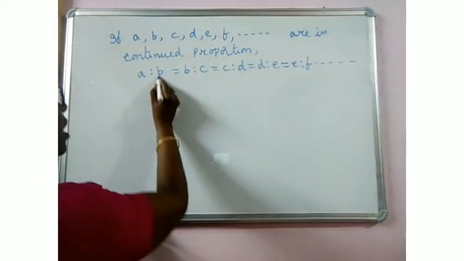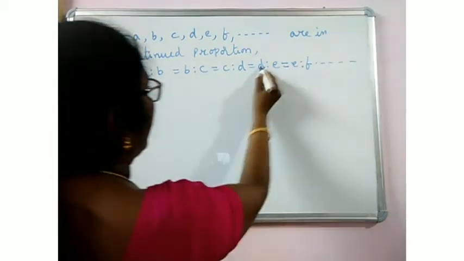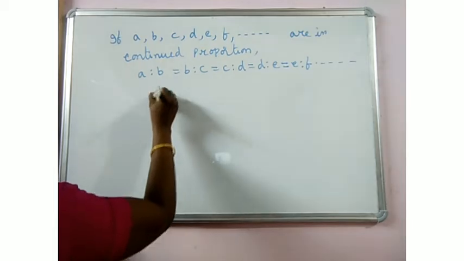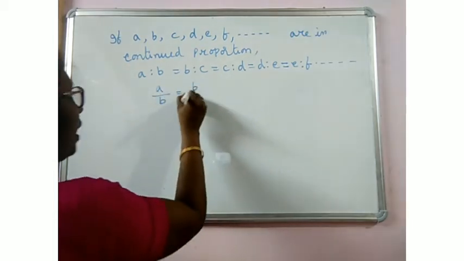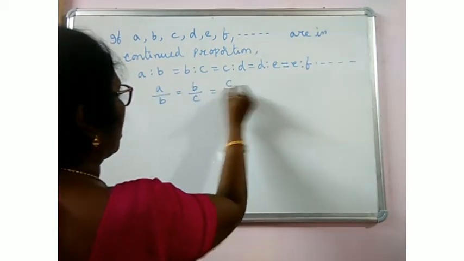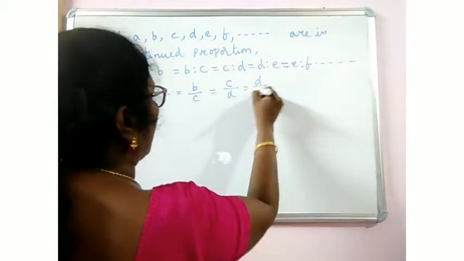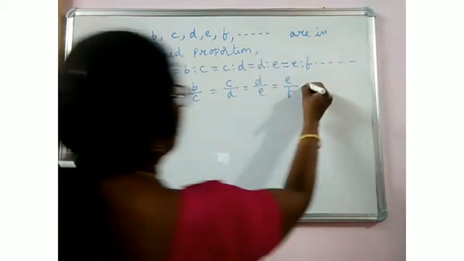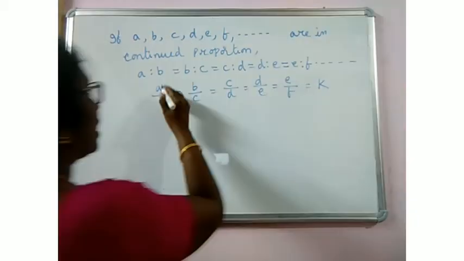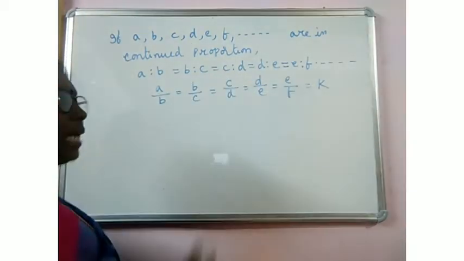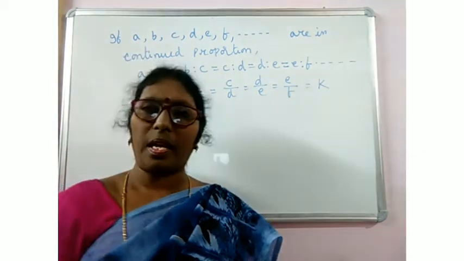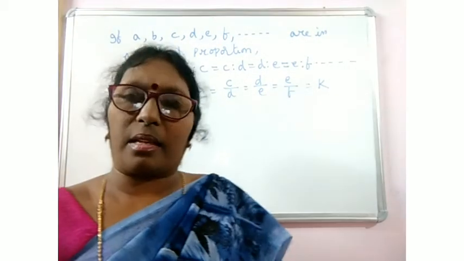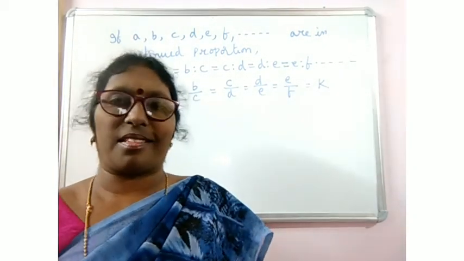Everywhere here B repeats, here C, here D, here E. Like this you can take A by B is equal to B by C is equal to C by D is equal to D by E is equal to E by F. Sometimes it can be taken as K, then A will be BK, B will be CK, and so on. When you solve the problems, you have to take the ratios like this.